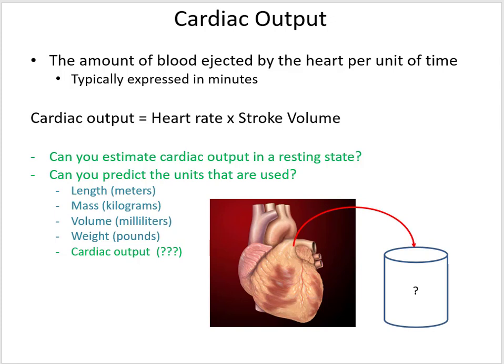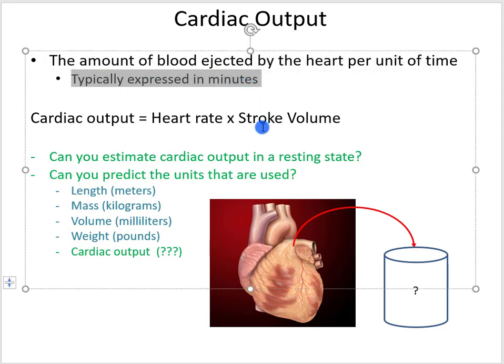You could do it per second if you wanted to, but that's weird. Nobody really talks about how fast a car goes expressed as miles per minute. Similarly, in cardiac output, you could express how much blood is pumped per second, per hour, per 24 hours if you want to, but traditionally we express that in minutes.